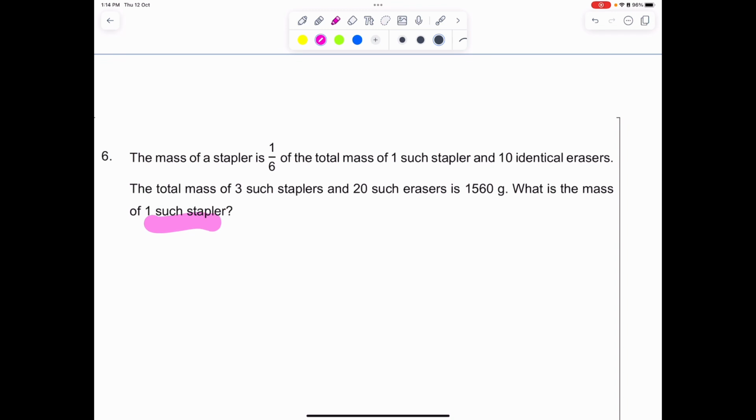So to do this, remember we always need to eliminate one of the items. So we know that 3 staplers plus 20 erasers will give us 1560 gram. How do I know that? It's over here.